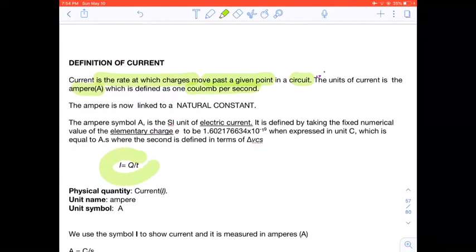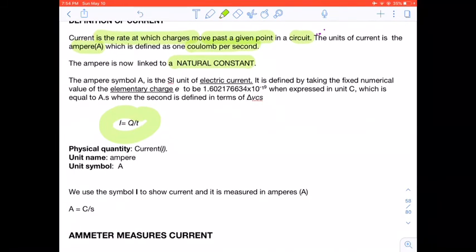The ampere is now linked to a natural constant. That means it is linked to the electron. Most of your SI base units have been redefined in terms of natural constants now. Right?